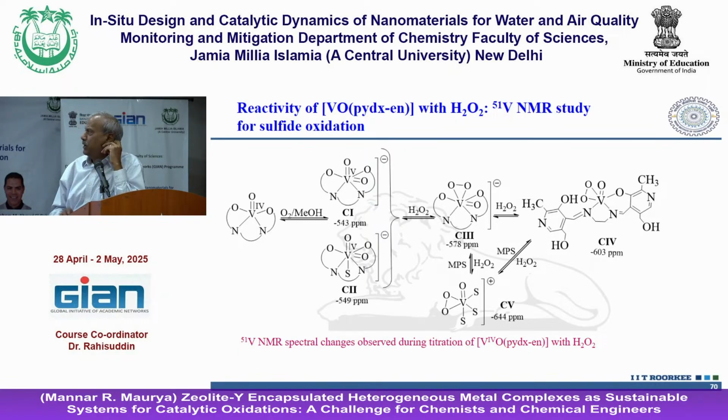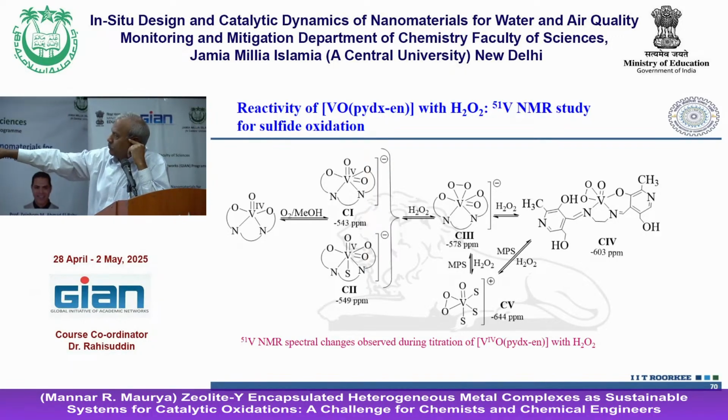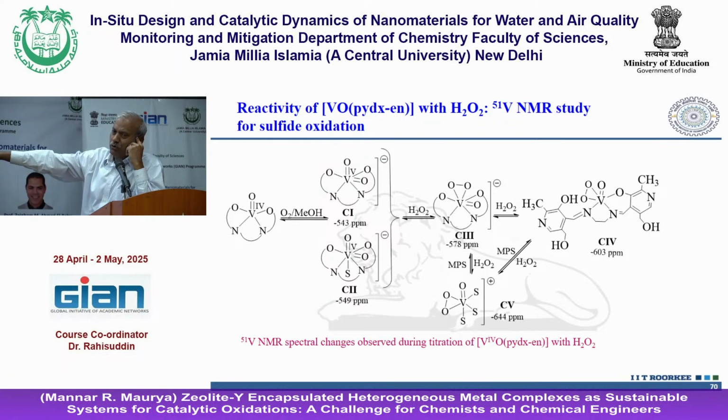You can see that, and it is predicted that in the same way monooxo is going to dioxo, vanadium 4 to vanadium 5, then 5 is going to the peroxo, and then the peroxo, when you add methyl phenyl sulfide, like when you have excess peroxo, it can go to the ligand free metal complex, and can go back to the peroxo when you add sulfide. And if not excess hydrogen peroxide, then it can convert back to the dioxo. So the mechanism can be given.